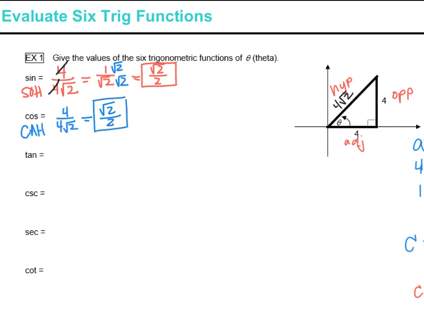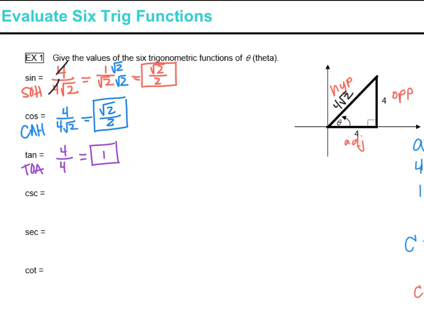So sometimes you can go back and use your old work because these problems can be similar. All right, tangent is TOA. SOHCAHTOA. So we're going to take our opposite side, which is 4, over the adjacent side, which is 4, reduce that, and we get 1. Okay, so we've done all of that before.